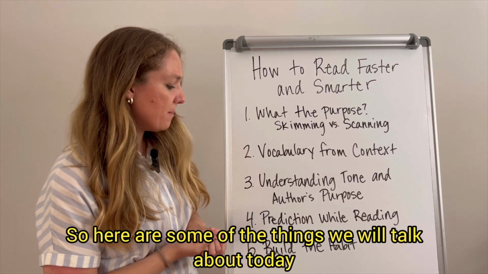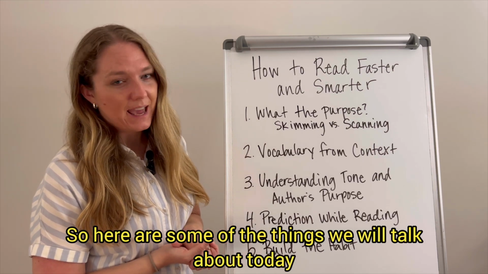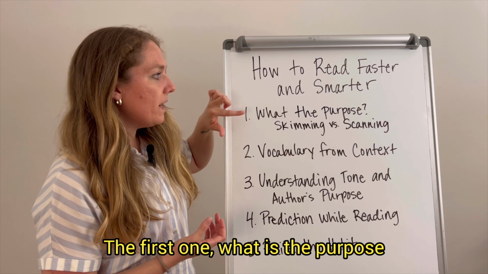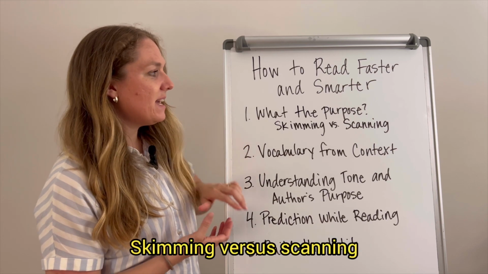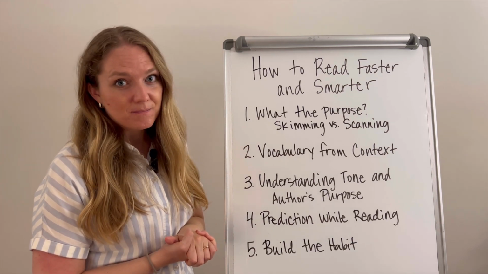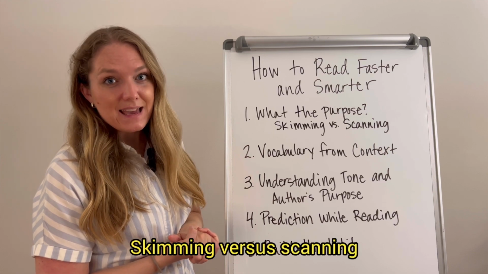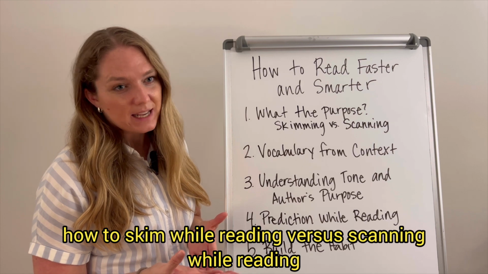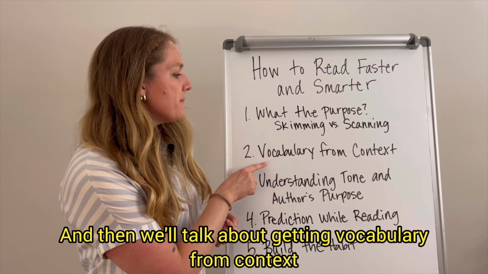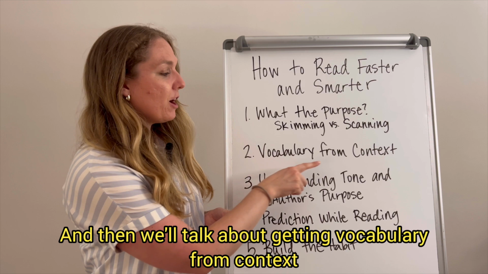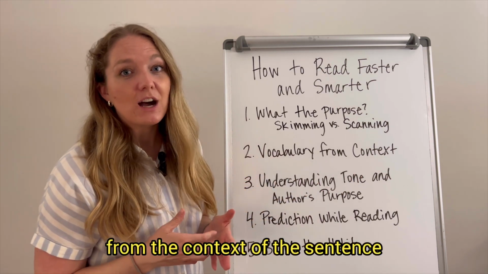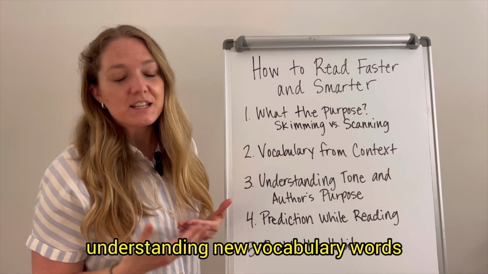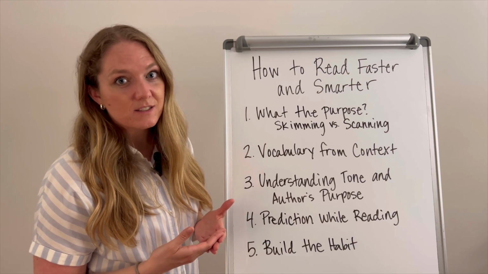So here are some of the things we will talk about today. The first one, what is the purpose? Skimming versus scanning. How to skim while reading versus scanning while reading. And then we'll talk about getting vocabulary from context, from the context of the sentence, understanding new vocabulary words.